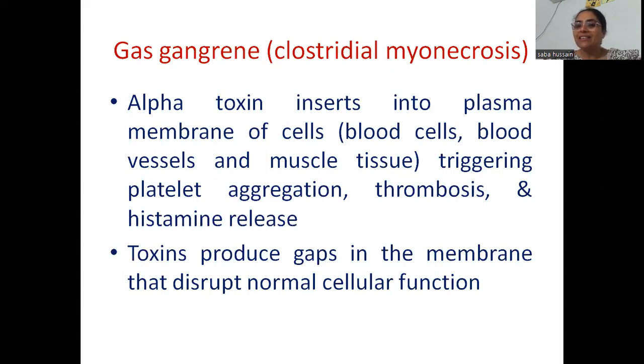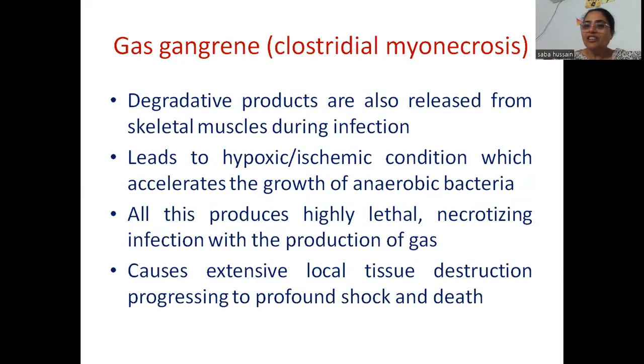All this platelet aggregation, thrombosis, and release of histamines will produce gaps in the cell membrane, and thus disrupt the normal cellular function. And one more thing happens: some degradative products are also released, since the cell membrane of the muscle cell is also destroyed.